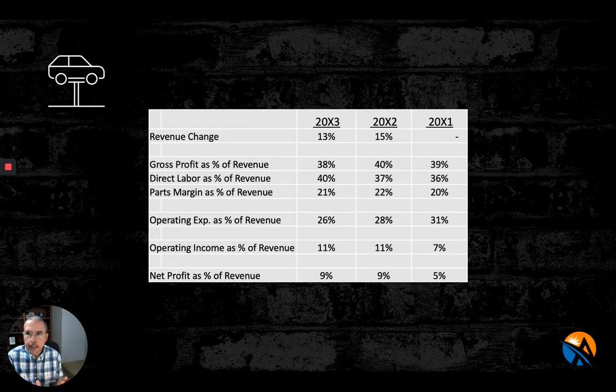And then operating expenses. Actually, my operating expenses went down as a percentage of revenue, even though they went up in dollars. And my operating income as a percentage of revenue actually stayed flat, even though my gross profit margin went down. So as you can see, there's a lot of things going on in here that you might want to go, all right, I need to break down further why my gross profit margin is down.